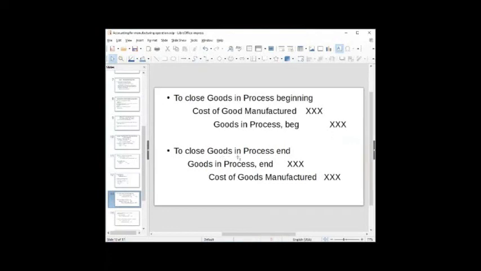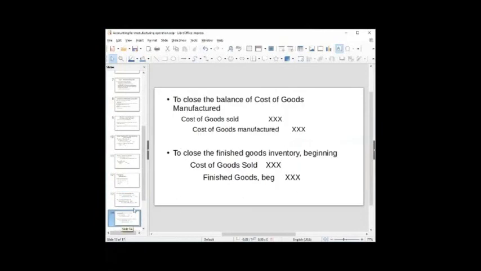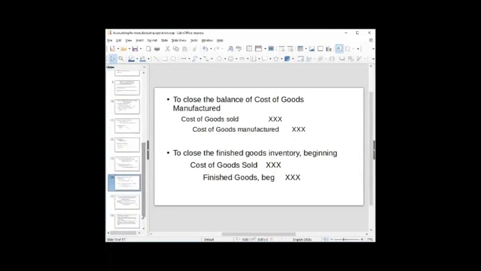And to close the work in process ending, you debit the goods in process and you credit the cost of goods manufactured. To close the balance of the cost of goods manufactured, you debit the cost of goods sold and you credit the cost of goods manufactured.